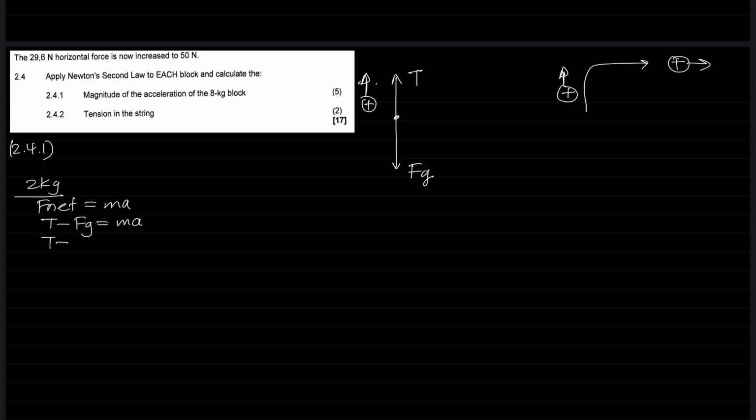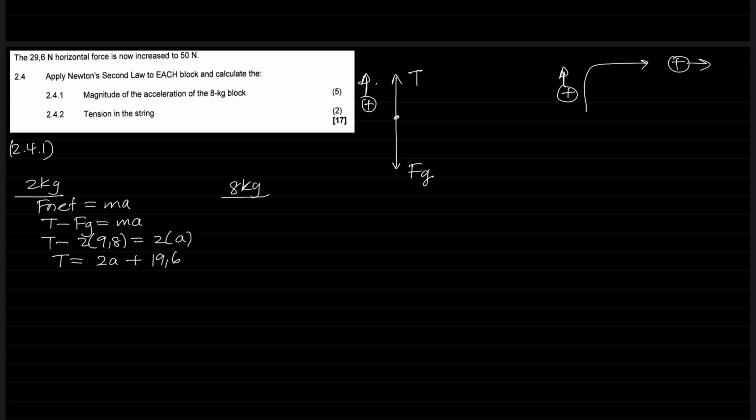So T minus mass times gravity, 2 multiplied by 9.8, is equal to 2 times A. That means T is equal to 2A plus 19.6. Now we'll do the same thing for the 8 kilogram block. It's important that you remember that the tension now is not going to be the same, so we can't use the tension value we calculated in the previous question.